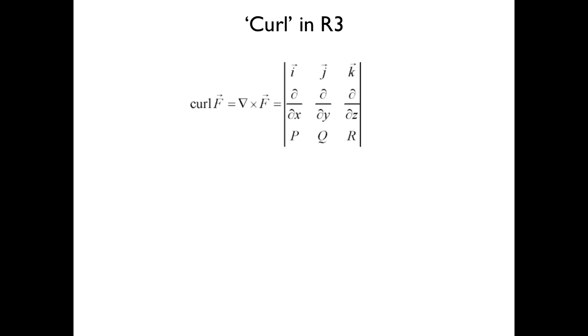So what we can do is this is about cross product. So we can use this kind of cross product algorithm to generate what the curl is. And we're going to do the same way, but we're just going to put our unit basis vectors in the first line, and then the operators of taking the partial with respect to x, taking the partial with respect to y, taking the partial with respect to z in the second row, and then our components of our vector field p, q, and r.